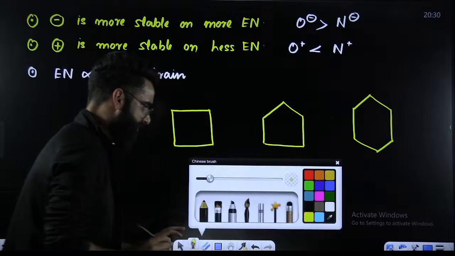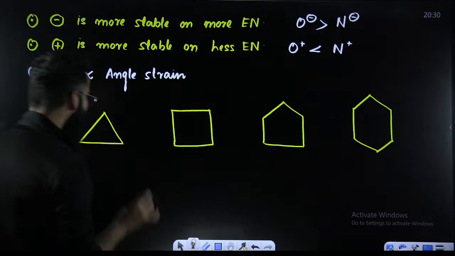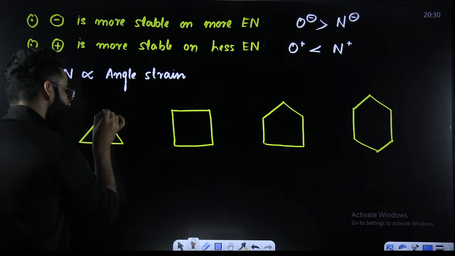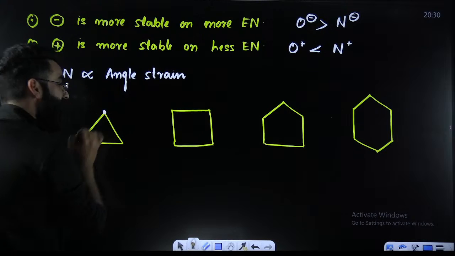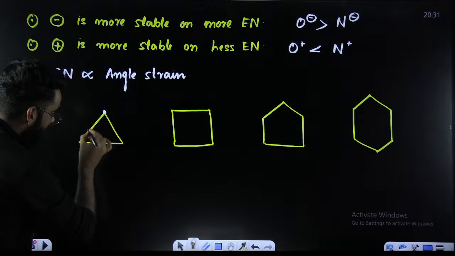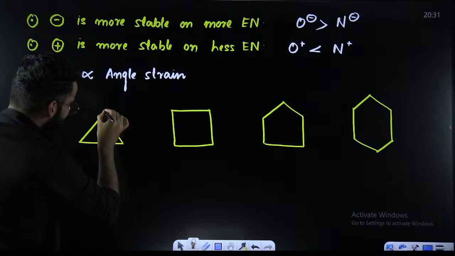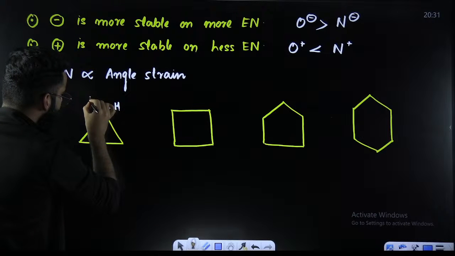Now guys, try to understand. If I talk about this particular carbon, how many bonds is this carbon forming? This is 1 bond, this is 2nd, and there'll be 2 bonds with hydrogen. Correct?